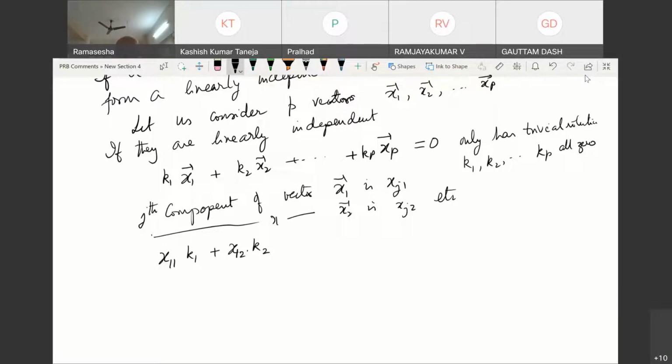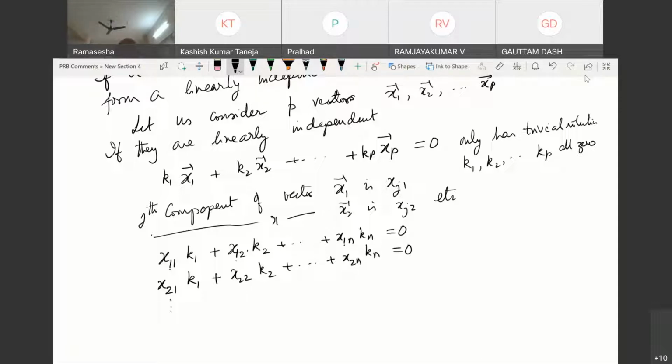Okay, so this is the first component of vector 1, first component of vector 2, first component of vector p. Similarly, for the second component, I can write it as x21 k1 plus x22 k2 plus etc. plus x2p kp is equal to 0.